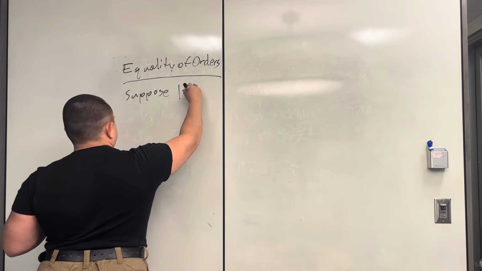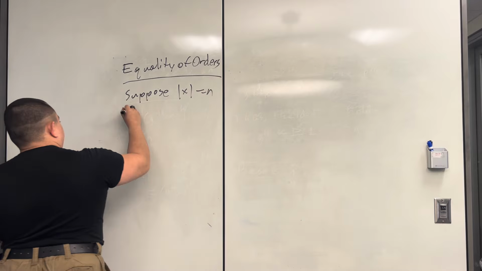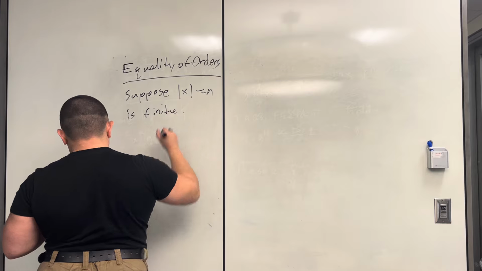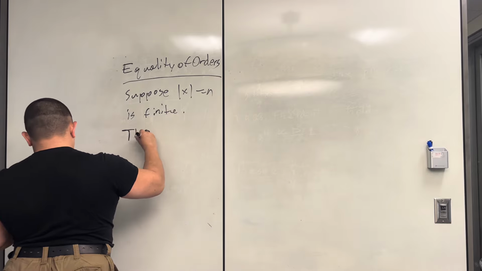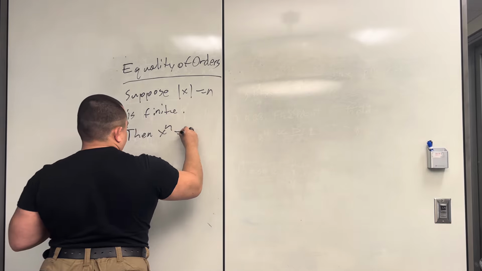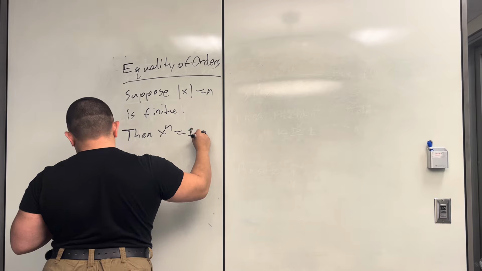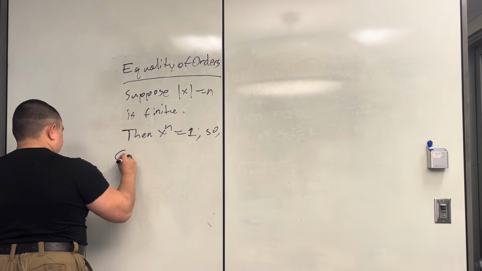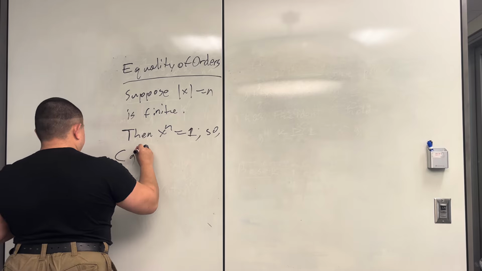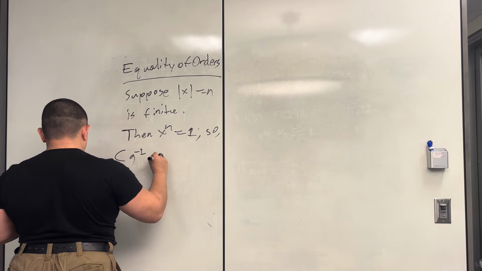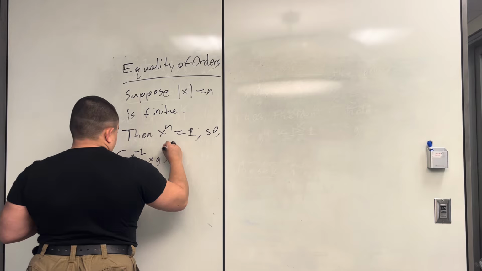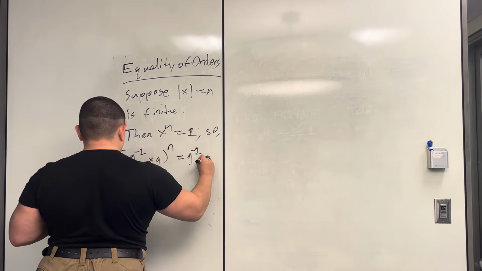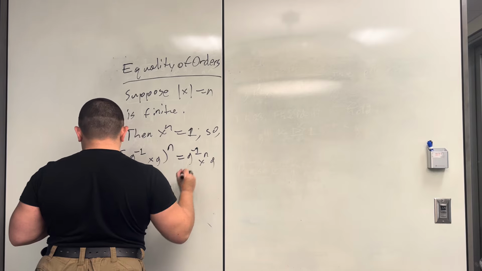suppose the order of x is equal to n, and that is finite. Then x^n is equal to 1. So (g^(-1) x g)^n is equal to g^(-1) x^n g.